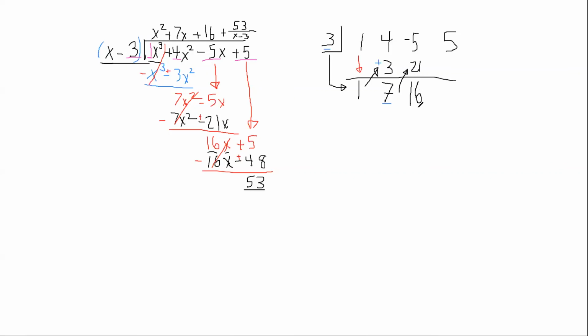Again, we have our 16, which we're going to multiply by 3. And that's going to come up to here under the last number of 5. So 3 times 16 again is going to be 48.